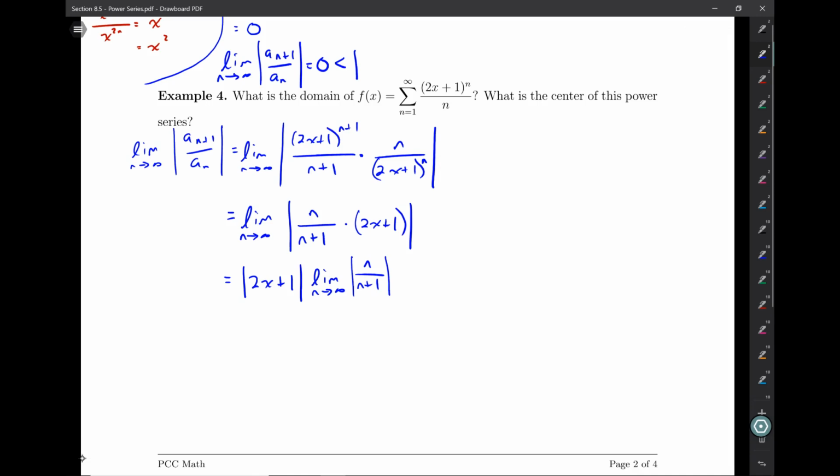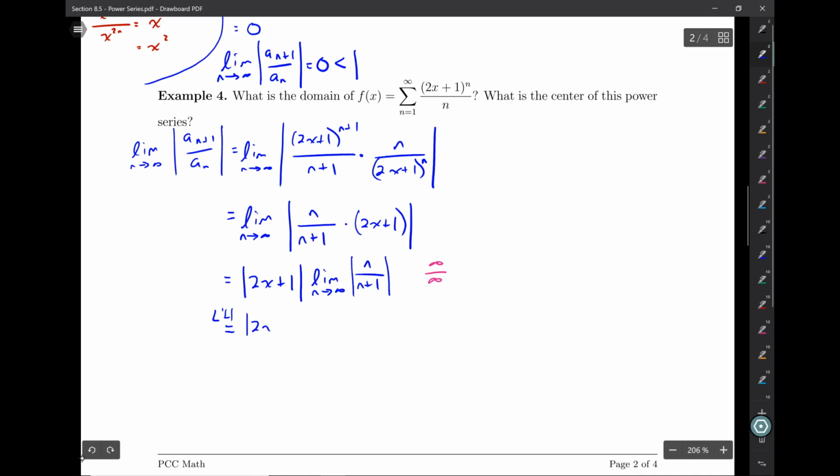Now, the limit as n approaches infinity of n is infinity. The limit as n approaches infinity of n plus 1 is infinity. So if we think about this like a continuous function, then we have an indeterminate form of type infinity over infinity, so we can use L'Hopital's rule.